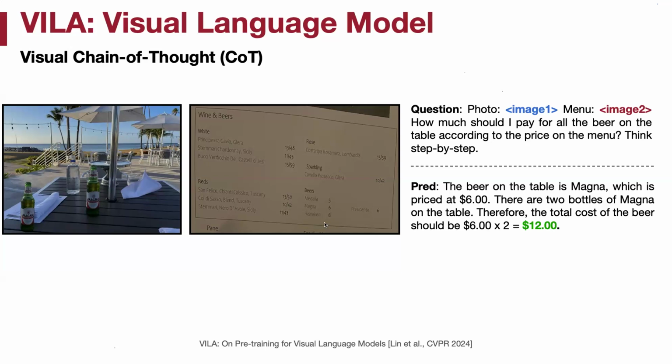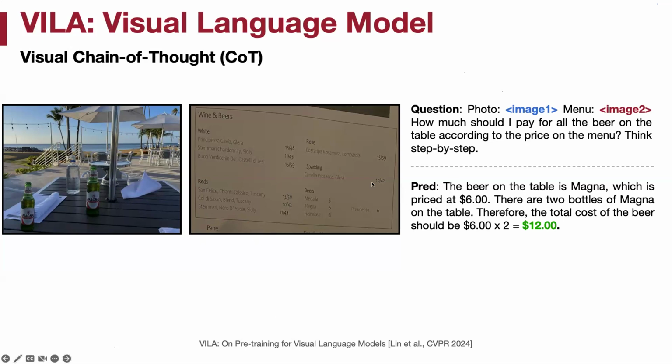That's the overall task. The task is pretty challenging from two angles. First, the model needs to understand what's going on at this table. Then it needs to match very accurately the corresponding price of these individual items on the menu. And only given these two pieces of information are we able to generate a very accurate answer.